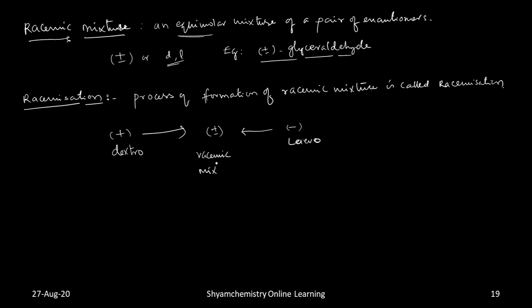Okay. By mixing equimolar concentrations of dextro and levorotatory enantiomers, we will get a racemic mixture. That is one process. In another process also we can prepare it, that is by the action of heat.